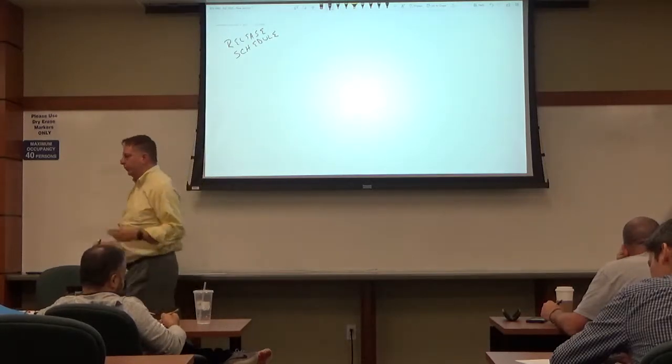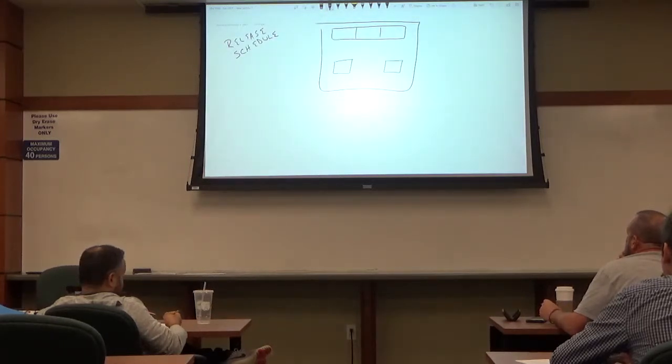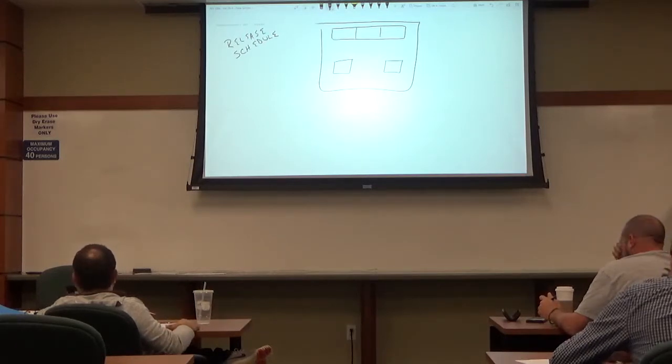For example, you've got a plot of land, and you've got a retail strip center with maybe 3 tenants, but then you've also got out parcels that are restaurants or banks or Starbucks or something like that.